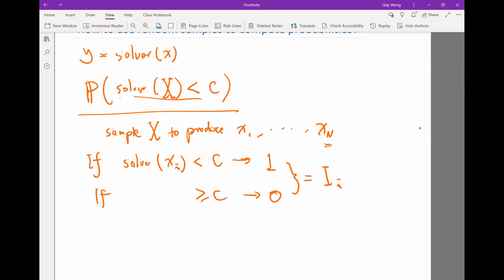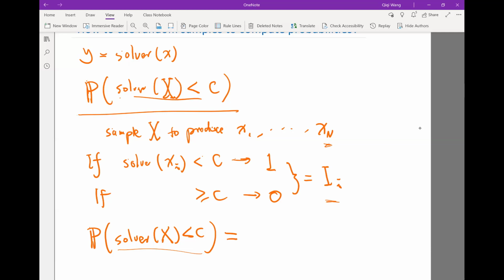So now I have produced the n 0s or 1s. The probability can be simply approximated by the fraction of the samples in which this inequality is satisfied.